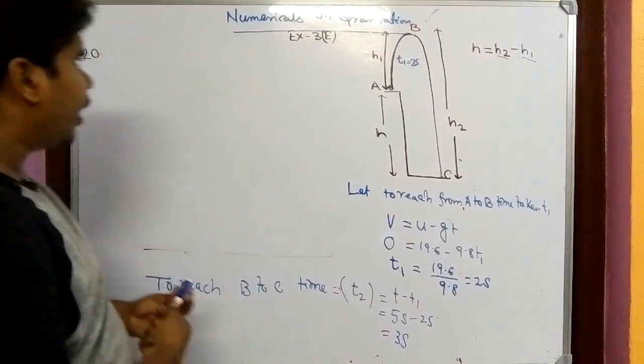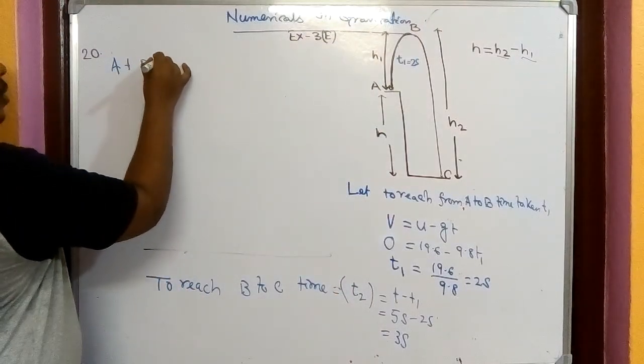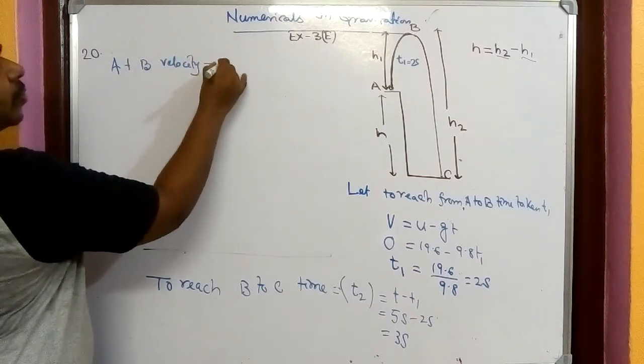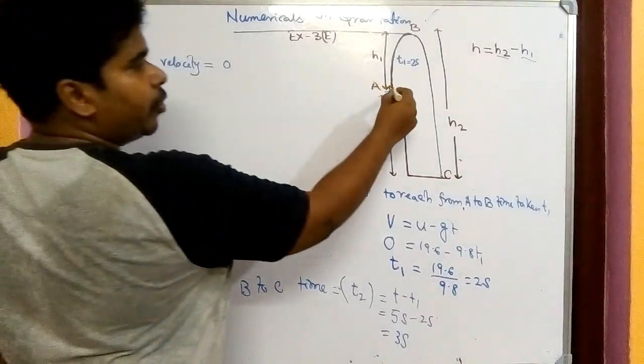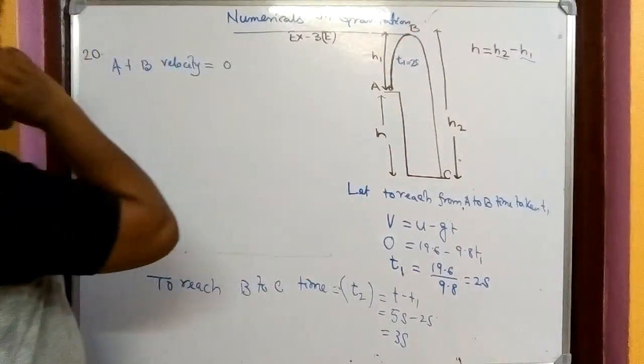So if I write at B, velocity is equal to 0, because you have thrown from A and at the maximum height B the velocity is 0.